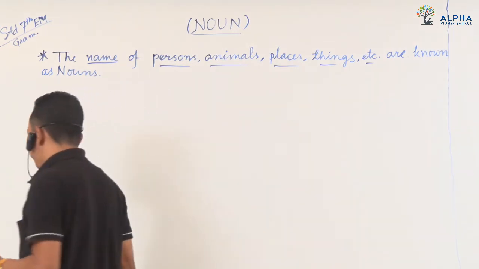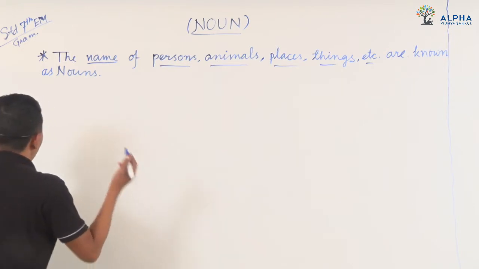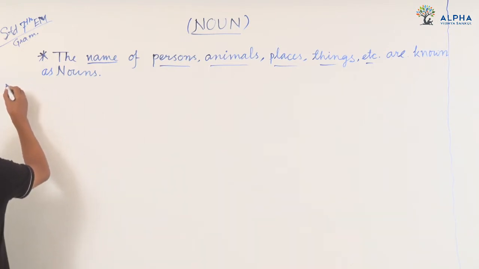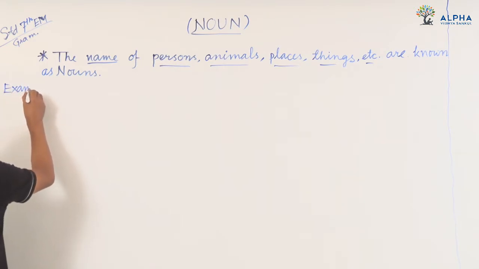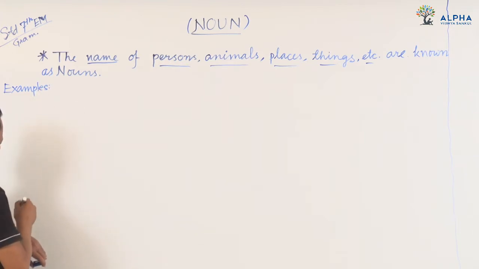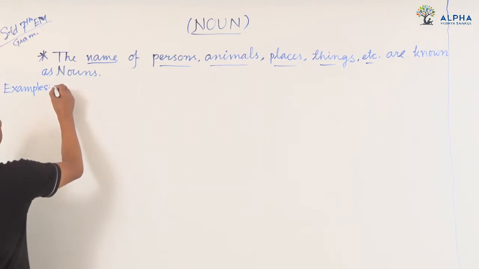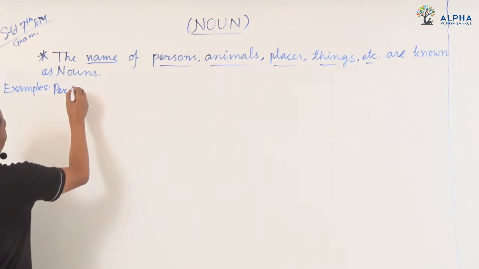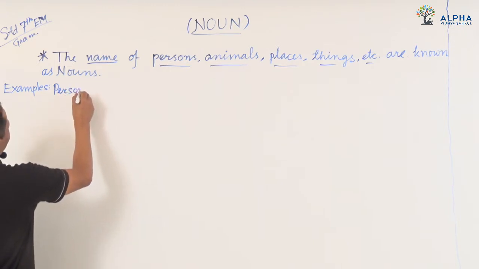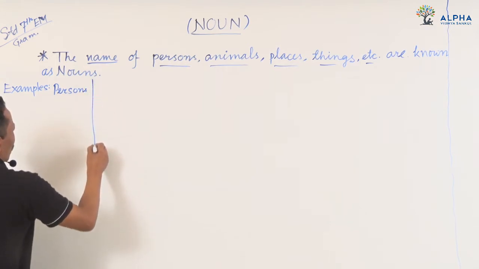So here the nouns, it may be any. If I give you the example of this, suppose person's name, any persons, student.